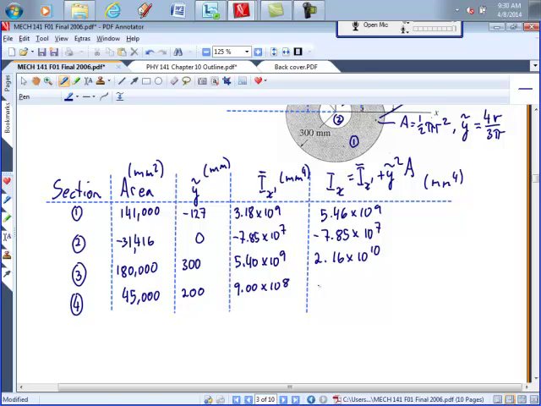And then parallel axis. All right, and 5 is exactly the same, 2.70.